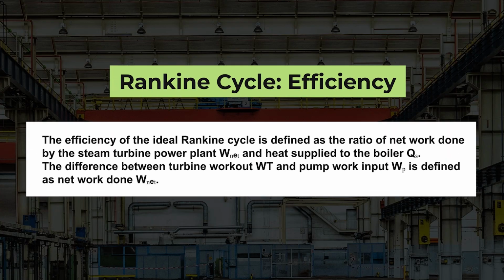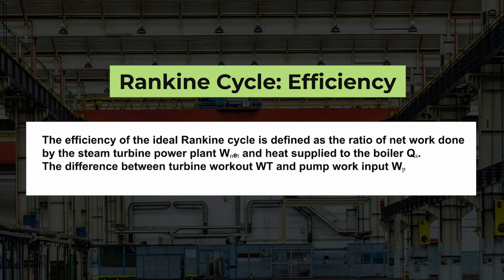We will talk about the efficiency of the Rankine cycle. The efficiency of the ideal Rankine cycle is defined as the ratio of net work done by the steam turbine power plant, denoted as W net, and the heat supplied to the boiler, QS. The difference between turbine work WT and pump work input WP is defined as the net work done, W net.